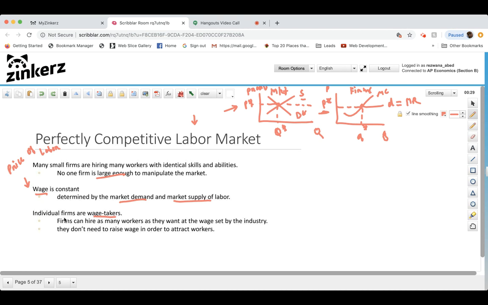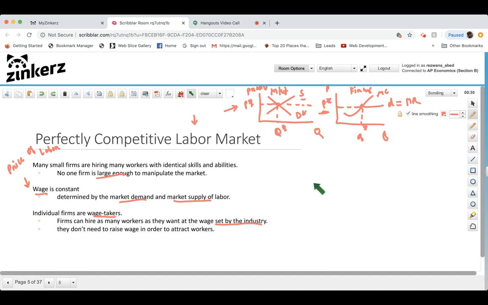But for the perfectly competitive labor market, the factor market, individual farms here are also wage takers, which means that farms can hire as many workers as they want at the wage that is set by the industry. So the wage, remember, is just like price in a perfectly competitive product market.